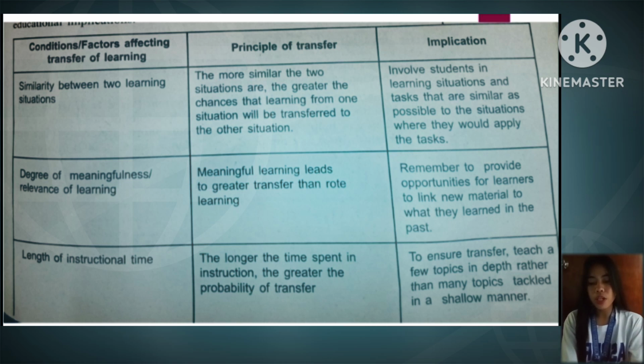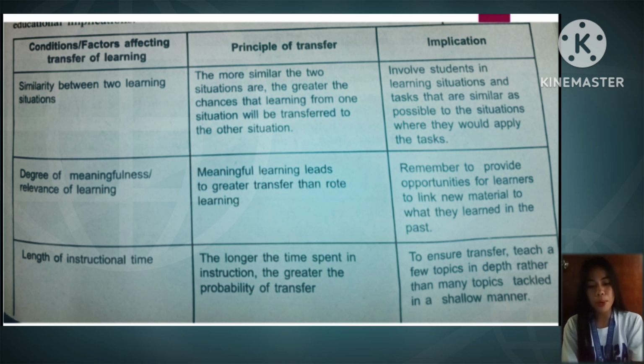The next condition or factor affecting transfer of learning is the degree of meaningfulness and relevance of learning. The principle of transfer: meaningful learning leads to greater transfer than rote learning. Mas malaki ang tsansa ng pagkakaroon ng transfer of learning kapag makabuluhan ang pinag-aaralan ng isang bata.